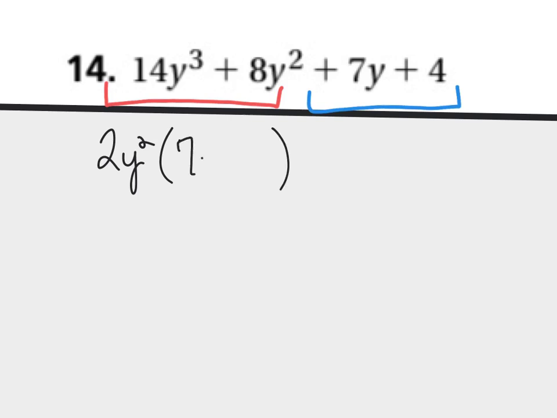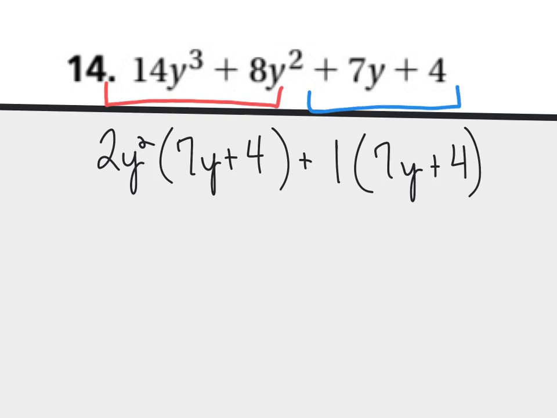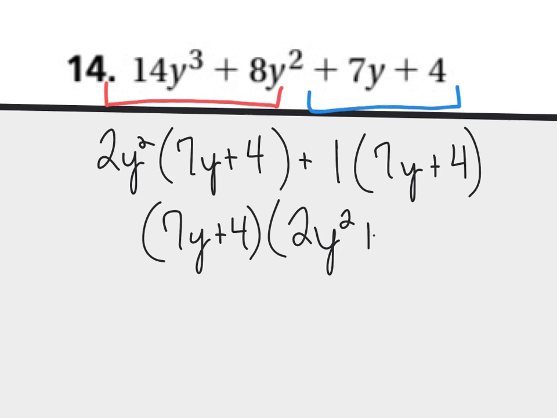That would leave us with 7y plus 4. And what that means is over here we need 7y plus 4 in parentheses. What's different about this is, oh, we already have a 7y plus 4. How can we do that? Well, if you multiply it by 1, then that'll give you 7y plus 4. And then we've got a 7y plus 4 factor in common, and that leaves us with 2y squared plus 1.